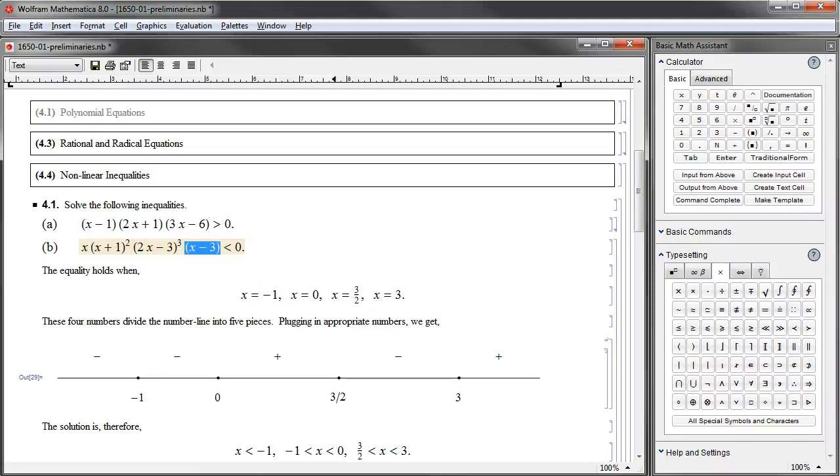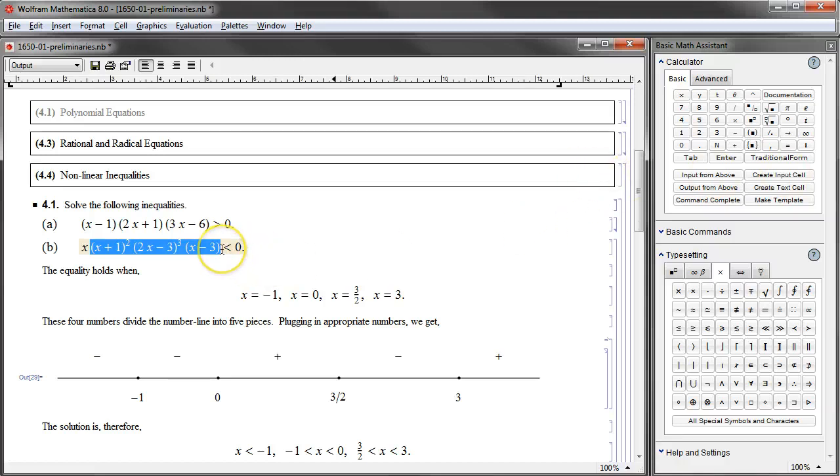So we have a sign change at x equals 3, x equals 3 halves, and x equals 0, but no sign change at x equals -1. This diagram reflects that kind of behavior. We start from positive when x is greater than 3, when everything is positive. As we cross 3 times, we have sign changes. And at the last crossing, x equals -1, we keep the same sign because x equals -1 has an even multiplicity.